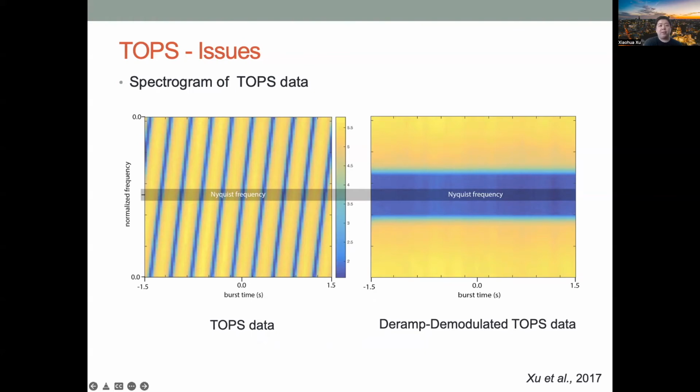But if your Doppler goes beyond the Nyquist or beyond your sampling, then it is problematic. Because of the existence of this sweeping antenna, this extra Doppler is much larger than the traditional Doppler you have just from the motion of the satellite.